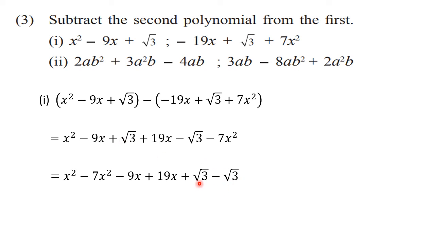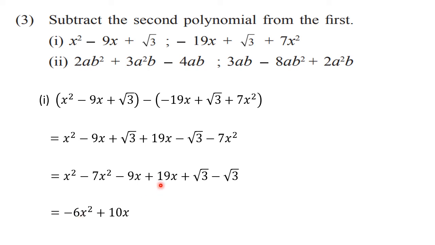Now see, this plus root 3 and minus root 3 answer is 0. So this is cancelled. Here x square minus 7x square, you are going to get minus 6x square. Always give the symbol of the bigger number. One is positive, one is negative. You are going to subtract the coefficients. 7 minus 1 is 6. But since 7 is big and here the sign of 7 is negative, you are going to get minus 6x square.